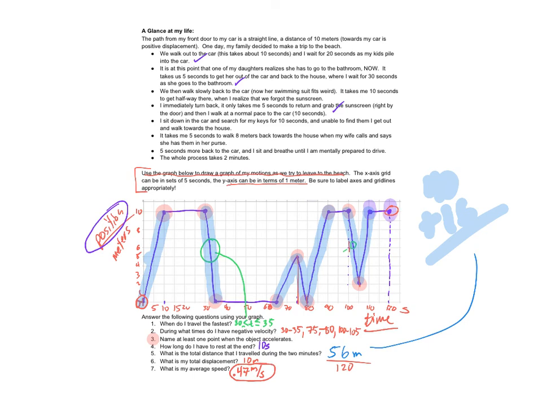All right, now that may not seem very fast, but it's because I do have a significant amount of wait time, right? There's a lot of time where I'm sitting around not doing anything, right? When I'm waiting for my kids to get buckled in, when I'm waiting for my daughter to go to the bathroom, right? All of these waiting times are 0 velocity, and so 0 speed, and that is going to decrease the total average speed of the trip.